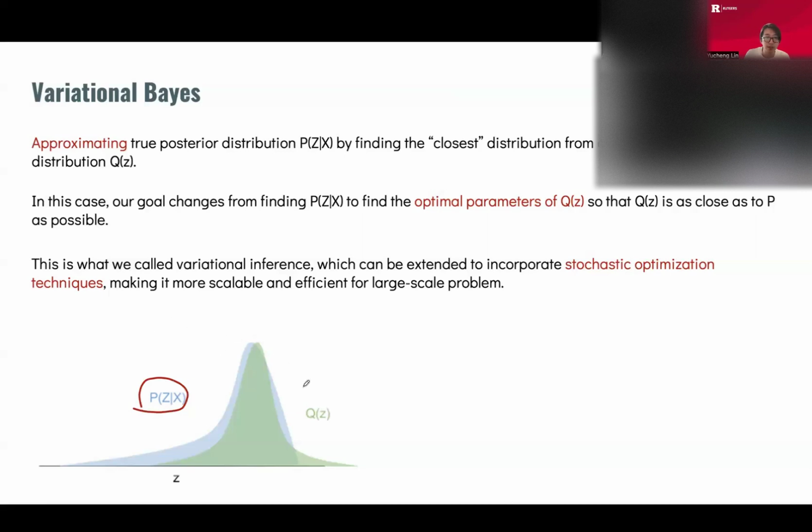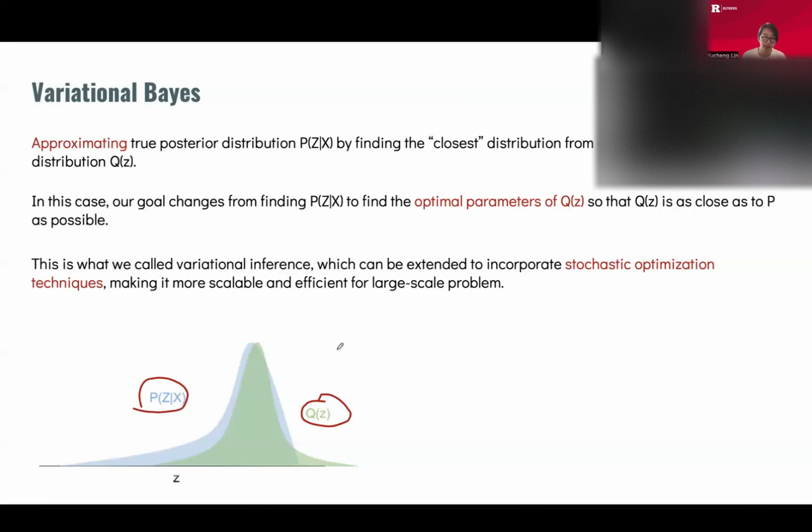Our goal is now to use this q(z), which is a parametric distribution. Parametric distribution basically means we know the equation to describe this distribution. This q(z) here may be a normal distribution. So we want to use this q(z) to approximate this true posterior distribution p(z|x) as much as possible.